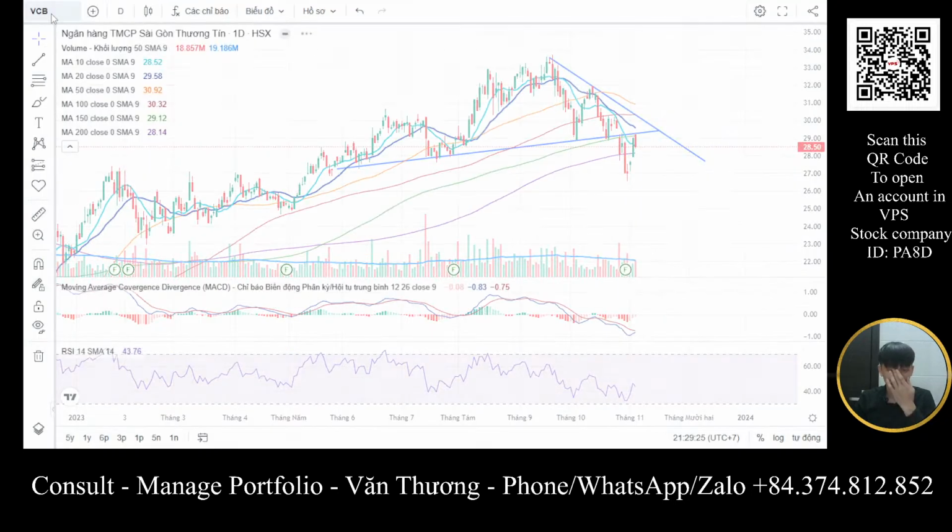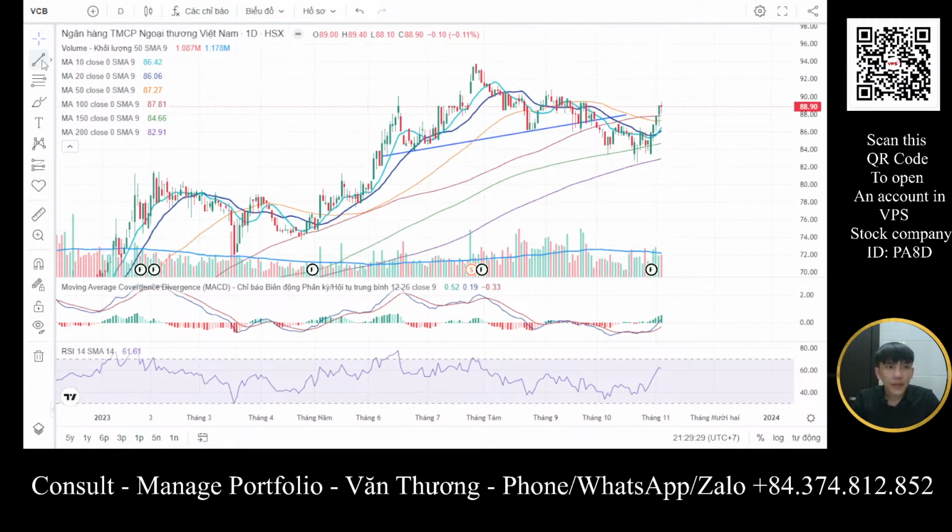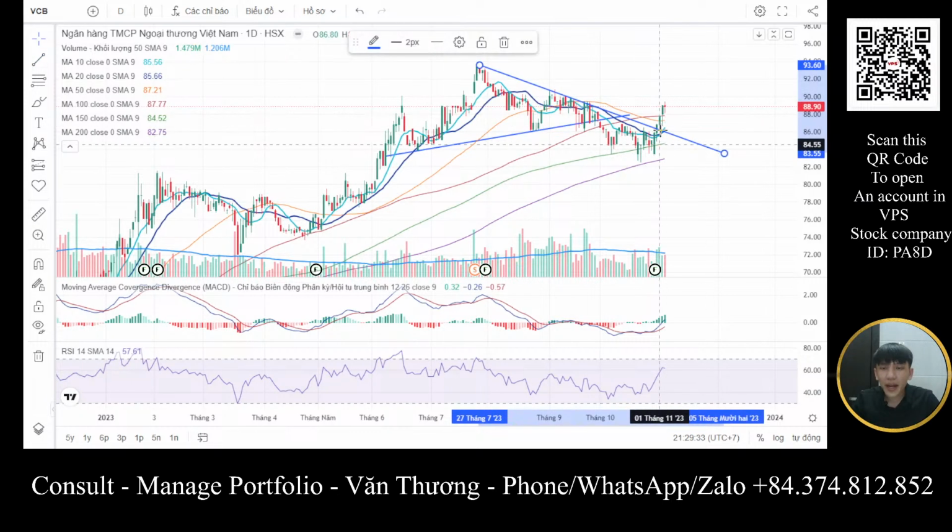VCB, the downtrend in here, and right now it's just a rally. So this stock needs to consolidate in here before it can go up, right?